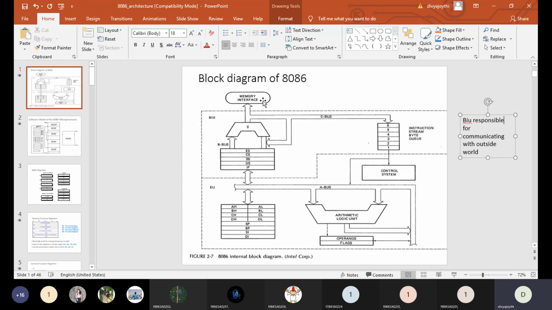The outside world can be memory, an input device, or an output device. As we have seen in the features, 8086 has 64 IO ports. That means 8086 can communicate with 64 external devices, and those external devices can be input devices or output devices, or it can also be a memory. Are you clear with this point?